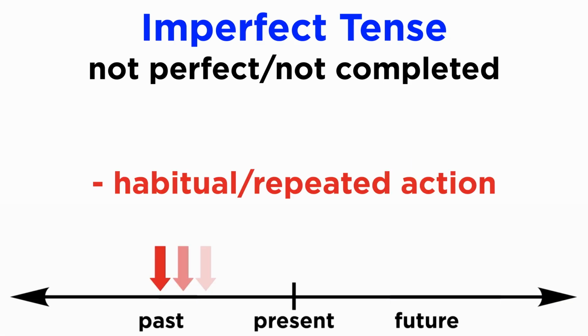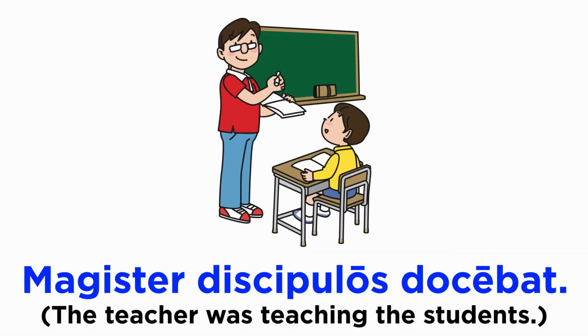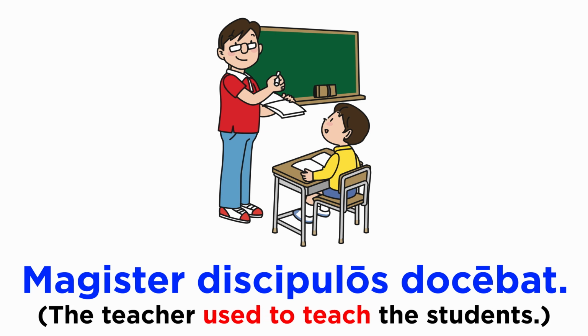According to the context, the imperfect tense can also refer to actions that are habitual or repeated, or simply attempted or just beginning. Look at the different ways we can translate this one sentence. Magister discipulos docebat. This can mean the teacher was teaching the students, or the teacher used to teach the students, or the teacher kept teaching the students.